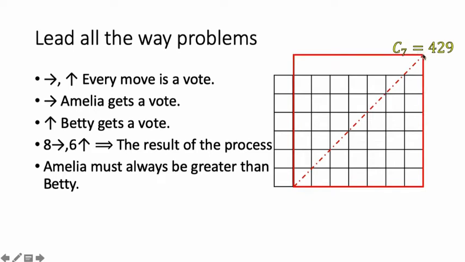This means that we'll just solve for the Catalan number of 7, which is 429. Because we know that from this point to this point, it has the same number of ways of routes. This means that the point we're asking for will also be 429. And this is how we get the answer for this question.